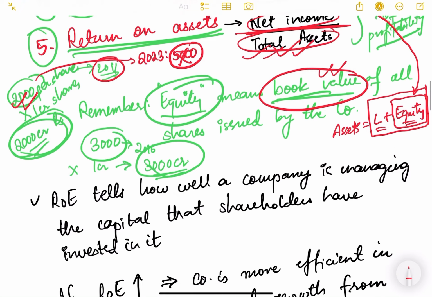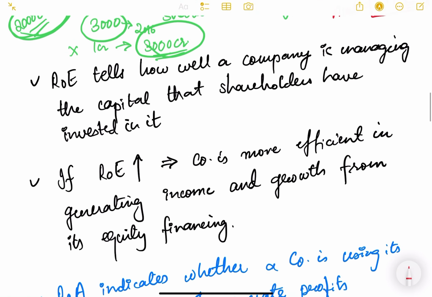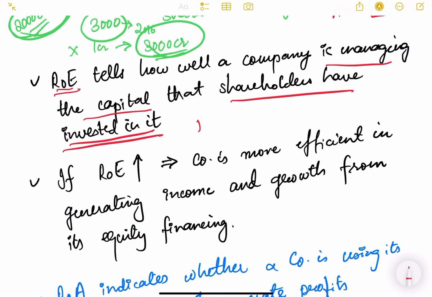Let us understand what it tells. ROE, return on equity, tells us how well a company is managing the capital that shareholders have invested. Equity is the money of the shareholders, the owners of the company who have put it in. So if ROE is high, it means the company is generating more income per unit value of the equity.